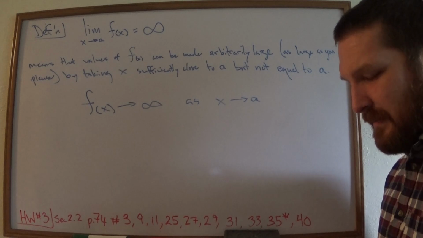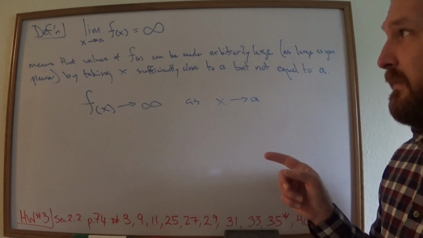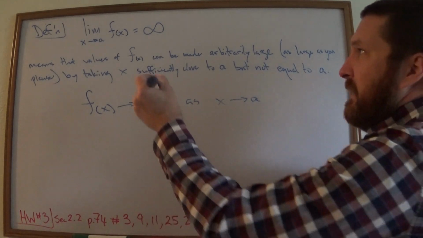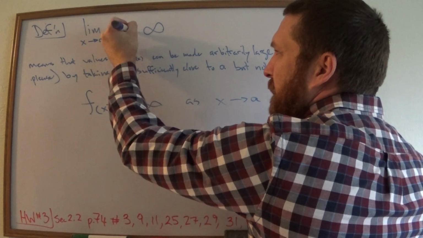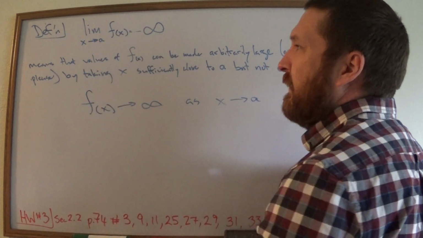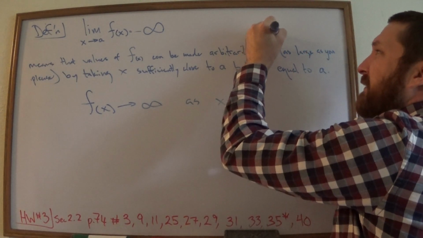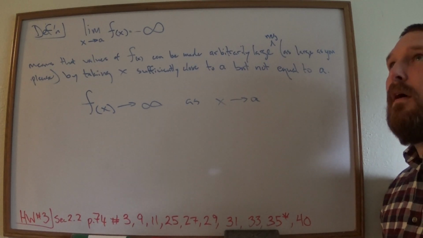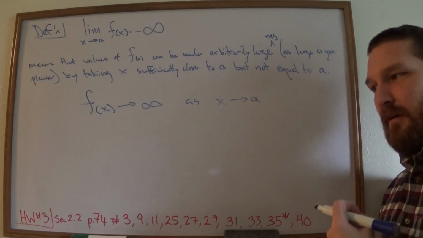So, when you see that, and by the way, this works exactly the same with negative infinity. If I put a negative here, this means that the values can be made arbitrarily large negative. An arbitrarily large negative. It's not small, right? Negative 7 billion is not small. You're not making it arbitrarily small.